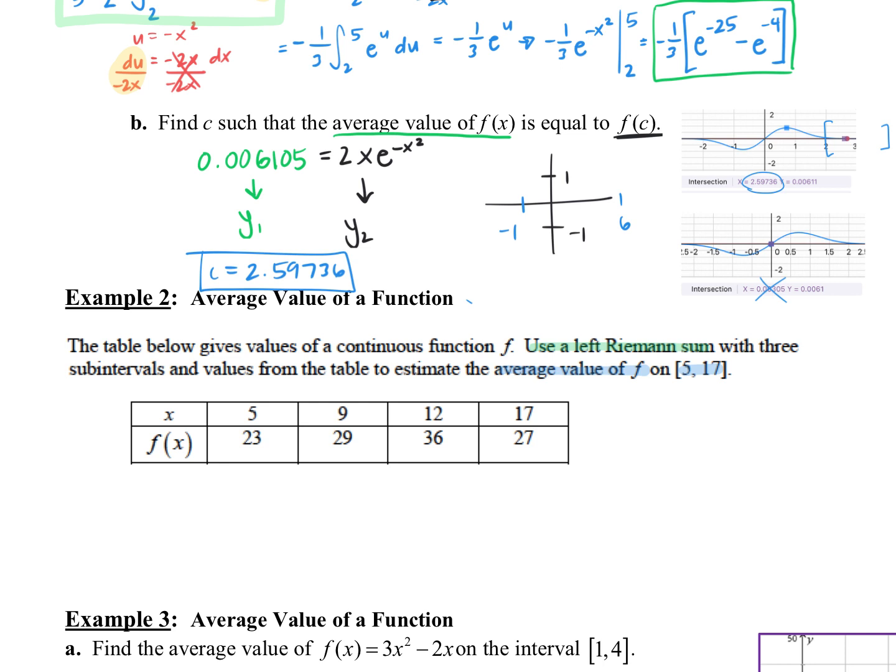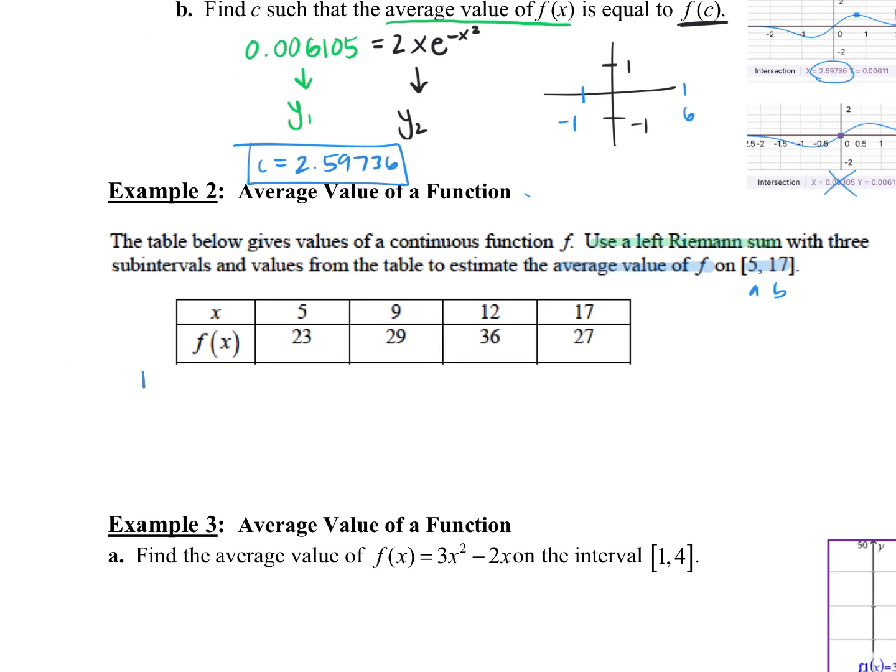So I see my closed interval here. This is A, this is B, 5 and 17. So I'm going to use that average value formula of 1 divided by B minus A, so 17 minus 5, of my integral from 5 to 17 of my function.